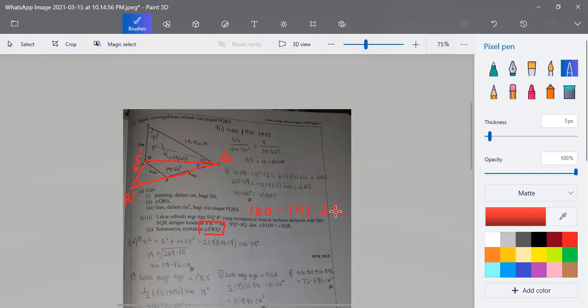So when you do shift sine, for sine to be positive, it is in two quadrants. So the first quadrant, which is the acute angle, we'll just take it as it is, and the other angle, to find that we would have to take 180 minus the first angle. So these two angles, when you add them up together, you will actually get 180. All right, so that's one reason.